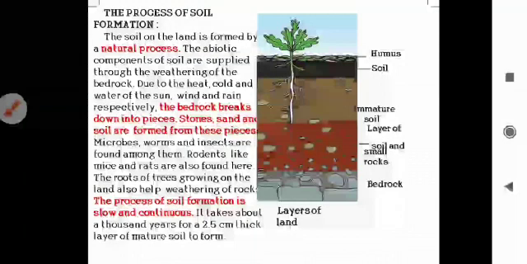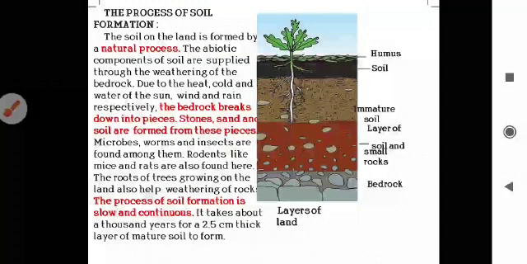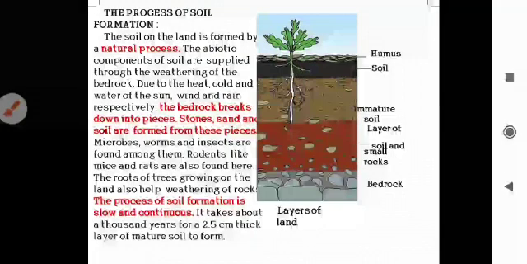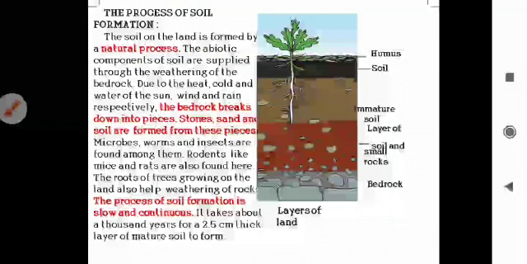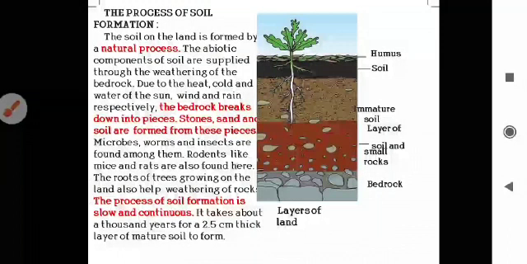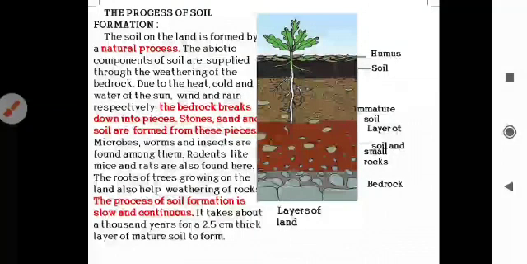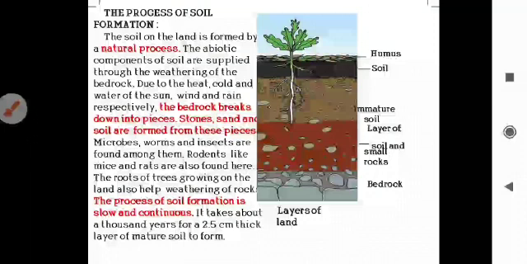Now about the process of soil formation. This process is natural. The process of soil formation is slow and continuous. The abiotic components of soil are supplied through the weathering of the bedrock. Weathering of the bedrock means breaking of the bedrock.